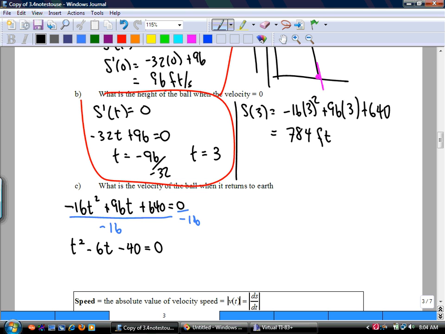What two numbers multiply to 40 and differ by 6? 8 and 2. So t minus 8, t plus 2.